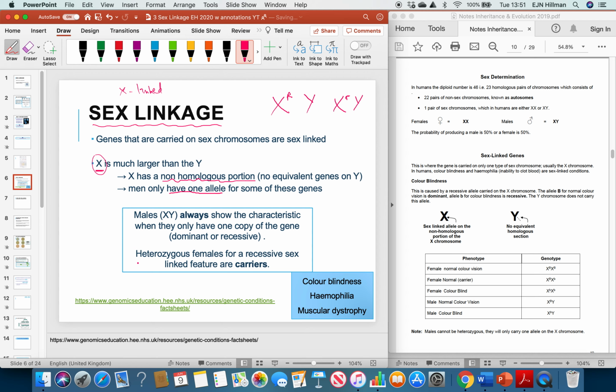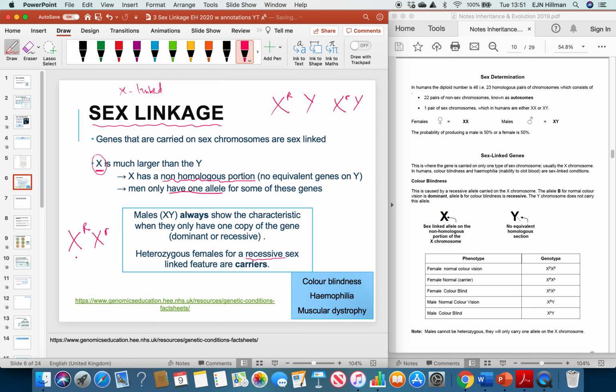Another thing to consider here is that heterozygous females for a recessive sex-linked feature are carriers. So heterozygous meaning they have two different alleles, using the same letter to represent the allele. Because this sex-linked condition is recessive, the females have that recessive allele, but it is masked by the dominant allele.